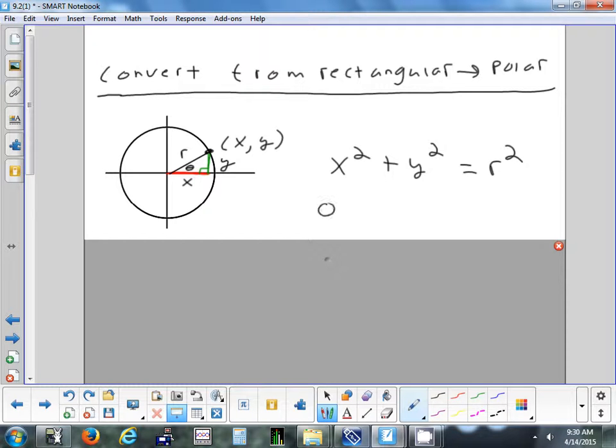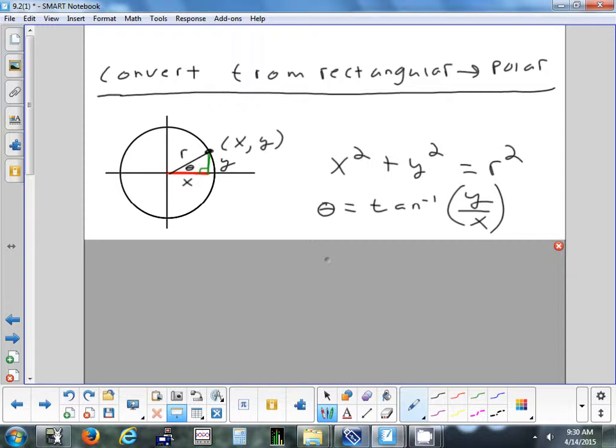Yep. So if you write down the tangent of theta, tangent of theta would be y over x. Well, to get theta by itself, take the inverse tangent of each side. So theta is the inverse tangent of y over x. Just solving for that angle in the right triangle.